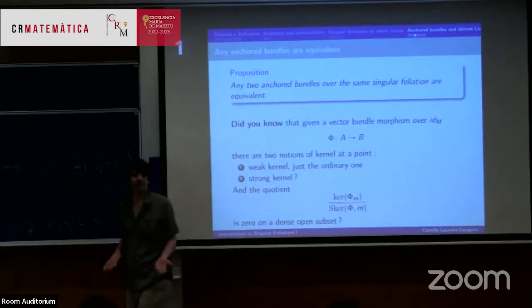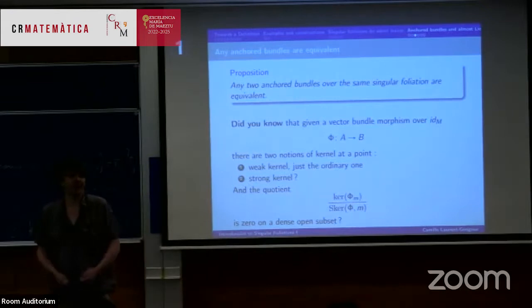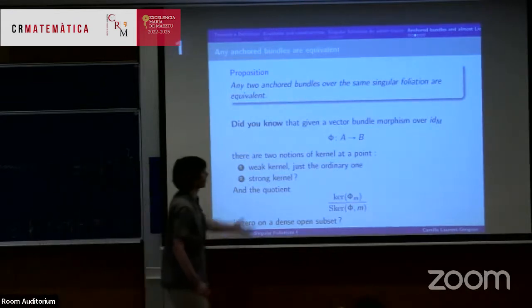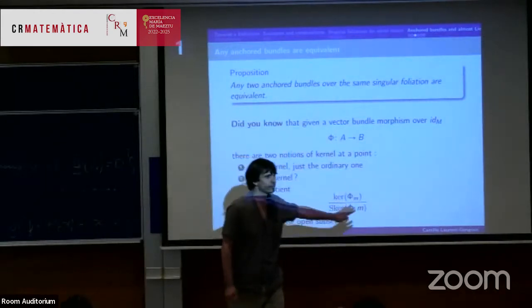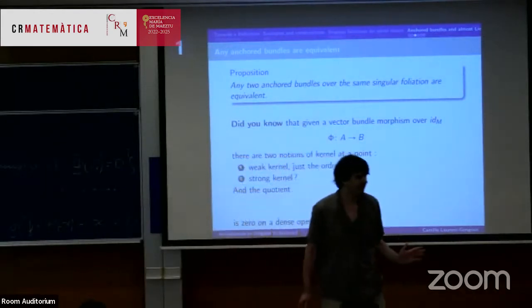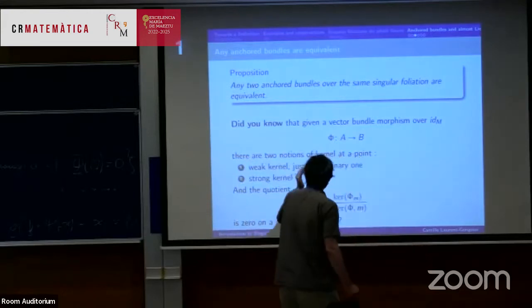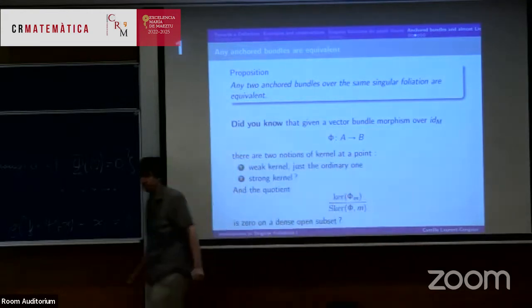On regular points, on regular leaves, the kernel of the anchor map and the strong kernel of the anchor map are the same, and that quotient space is 0. But on singular leaves, this quotient may not be 0.